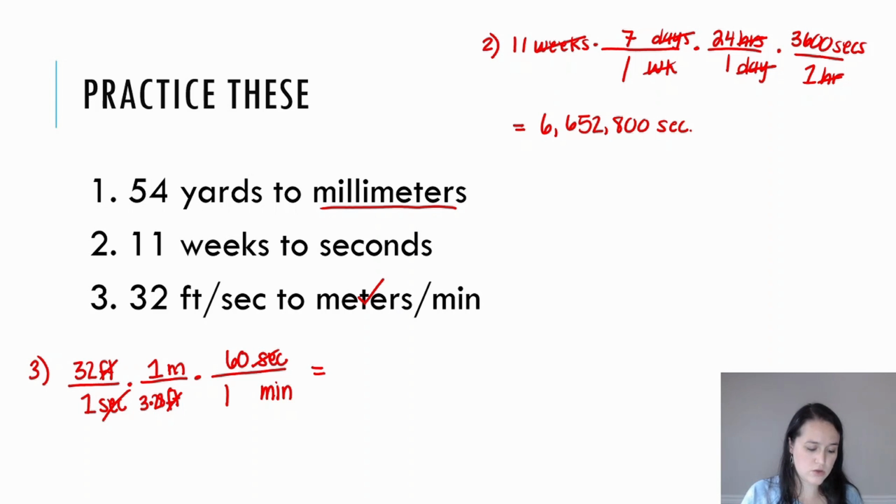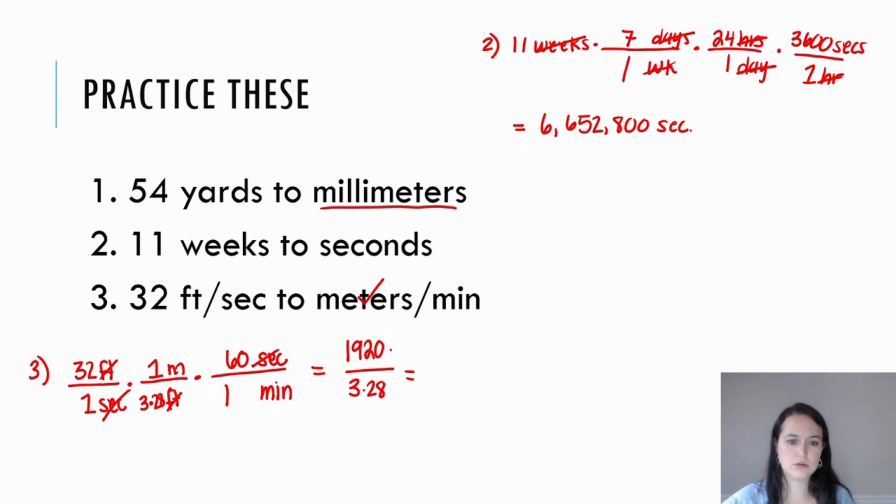I've got 32 times 60, which is 1920 over 3.28. And remember, that's meters and minutes. Divided by 3.28, I get 585.37 meters per minute. There you go.